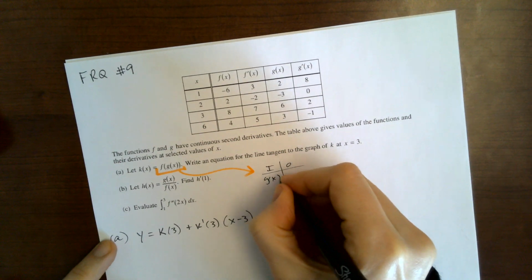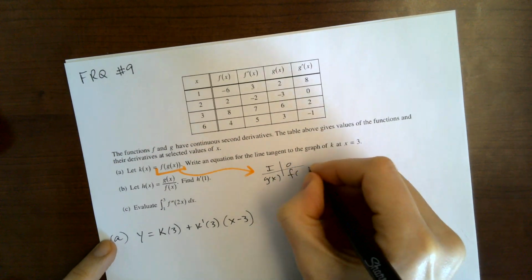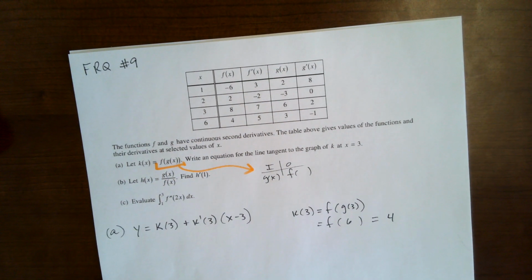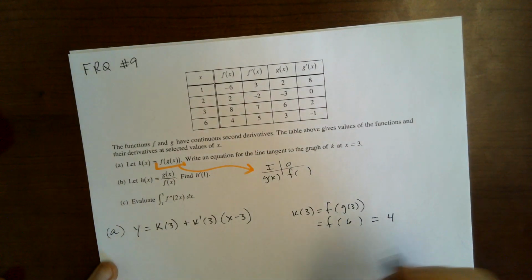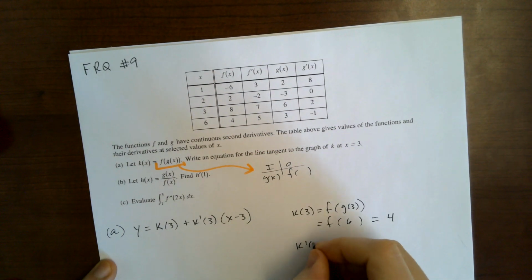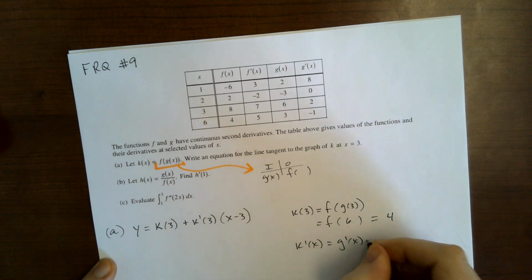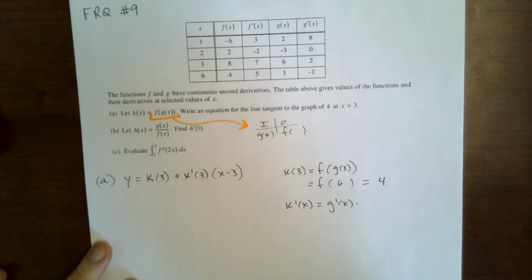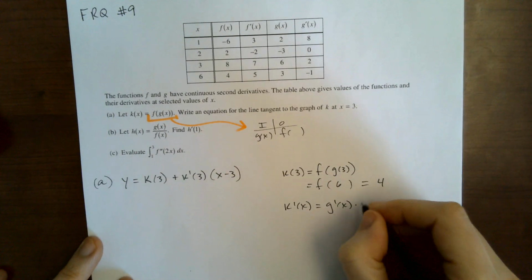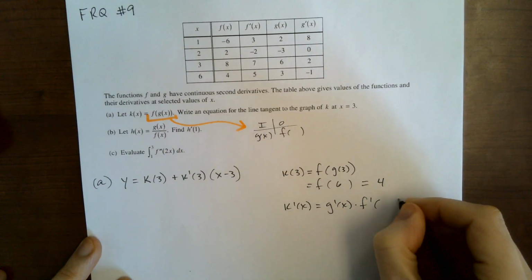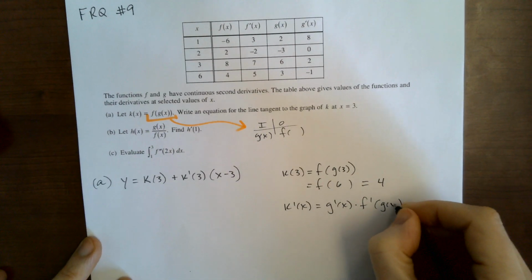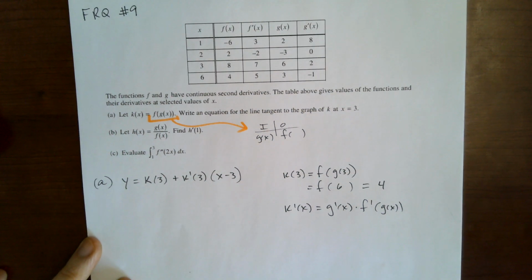So g of x is the inside, and then f of blank is the outside. So when we do k prime of x, the derivative of the inside is g prime of x. The derivative of the outside is f prime of blank, and then g of x goes back in.